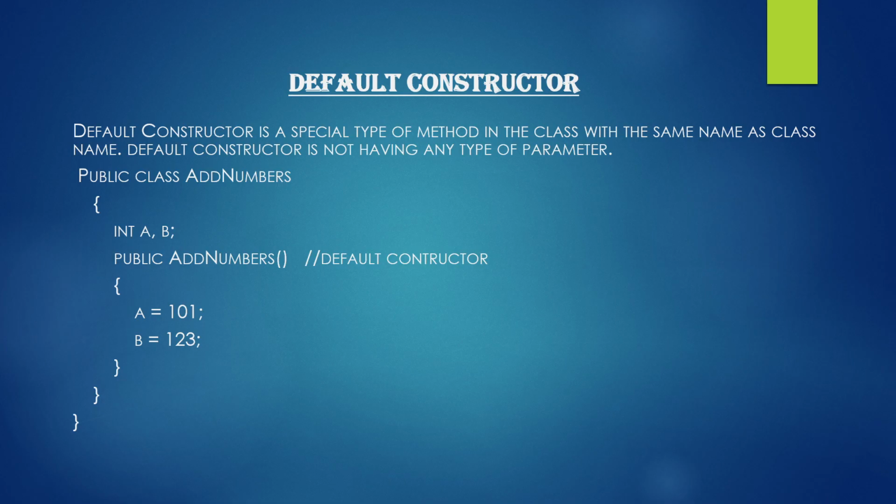And here you can see that the default constructor is the same as the class name. Here I am assigning two values, a is equal to 101 and b is equal to 123. So whenever we create the object of this class, at that time value 101 and value 123 will automatically be assigned to these variables.